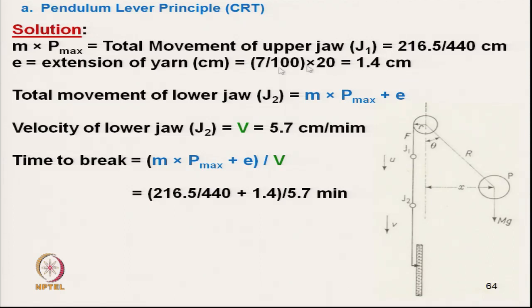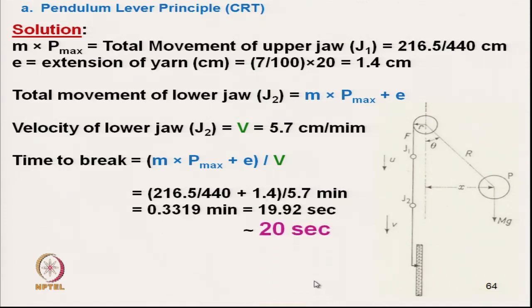It is 216.5 by 440, plus the E value, E is 1.4, divided by 5.7 centimeter per minute. So, this will give us the total time to break in minutes. So, this time is coming out to be approximately 20 seconds.